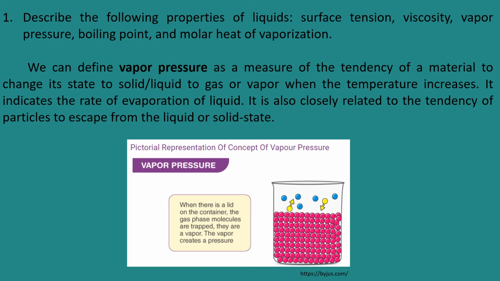So in short, it is the natural tendency of a liquid to evaporate when temperature increases, or when a solid directly transforms into the vapor form. So it's connected to temperature. It also indicates the rate of evaporation of liquid. Also, it is closely related to the tendency of particles to escape from the liquid or solid state.